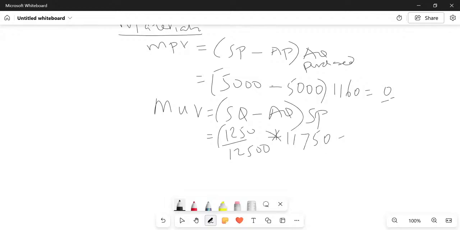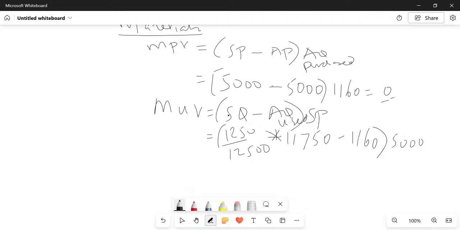Do we have the actual quantity of materials used? 1160. Do we know the standard price per kilogram? 5,000, isn't it? 5,000.